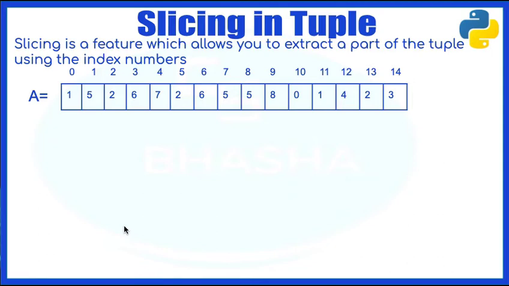Similarly, if you want to extract in reverse order, there is a reverse numbering given for the locations. The last element, which is 3, has a positive index of 14, and also a negative index of -1, then -2, -3, -4, and so on.